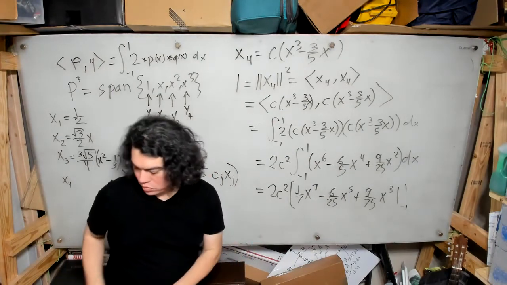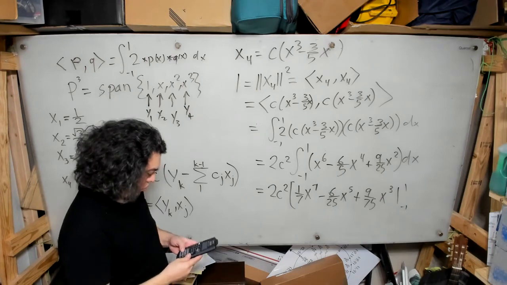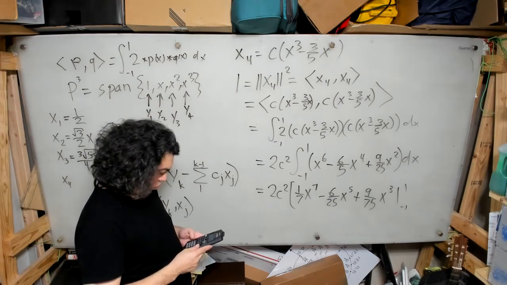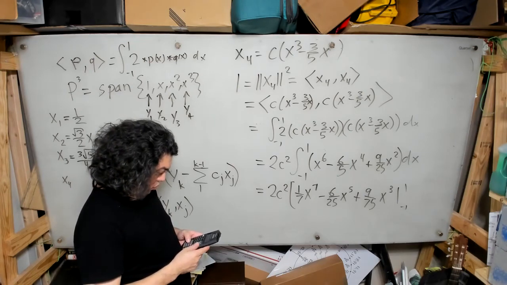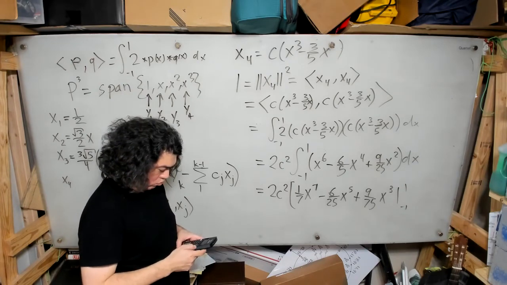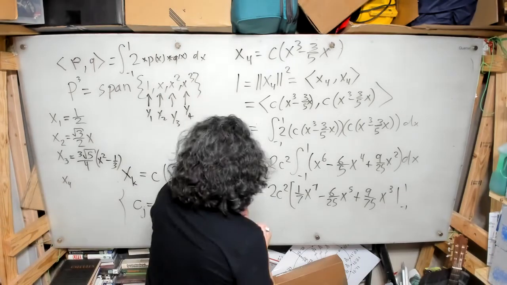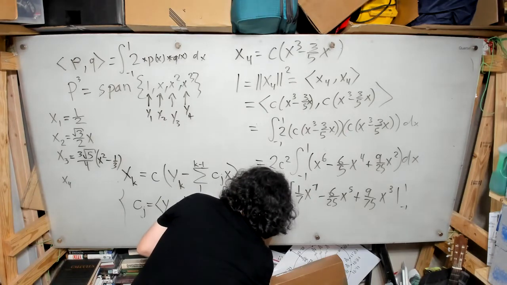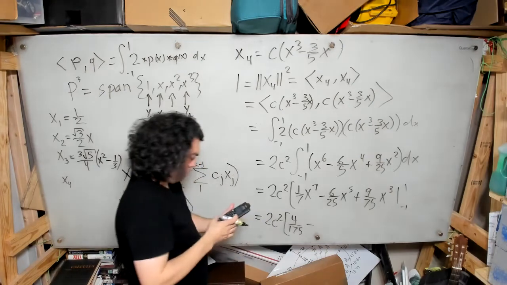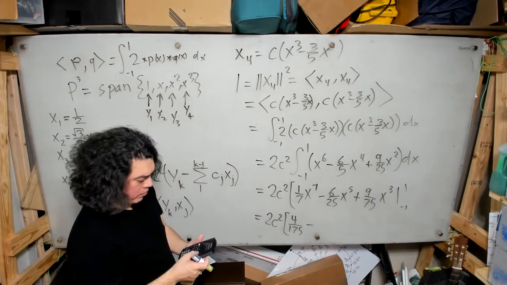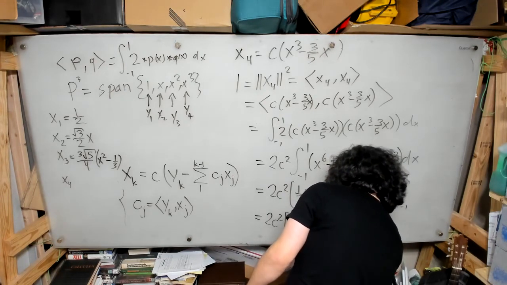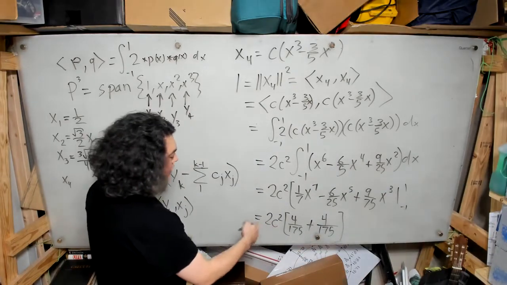Okay. Then here, so this then gives us 2c squared, open bracket, 4 over 175 minus negative 4 over 175, which will then become plus, because the minus will become plus, so it'll be 8 over 175.